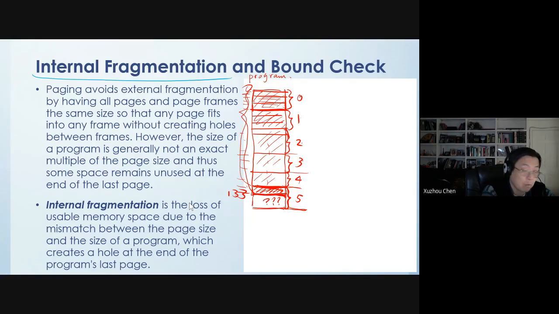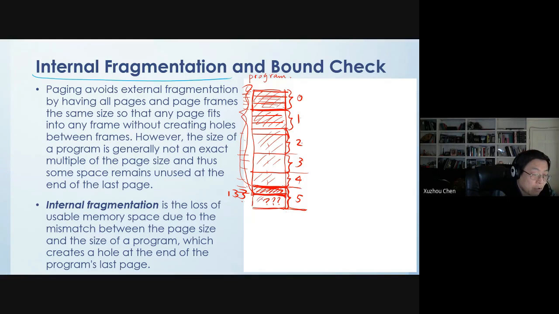If I have 128, then I say, oh, this is a good size. The program takes 128 memory space, and I can perfectly fit it into 5 pages. But if it's 133, it's more than 5 pages but smaller than 6 pages.